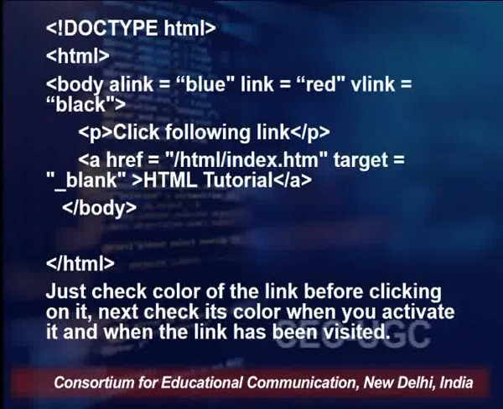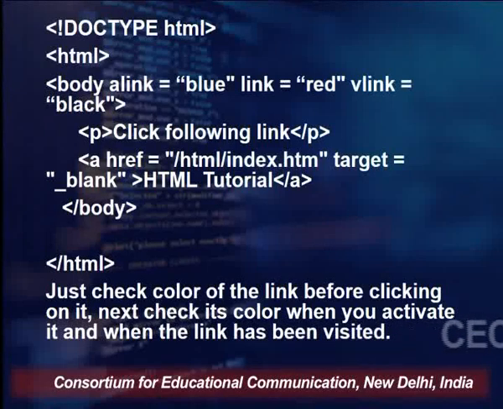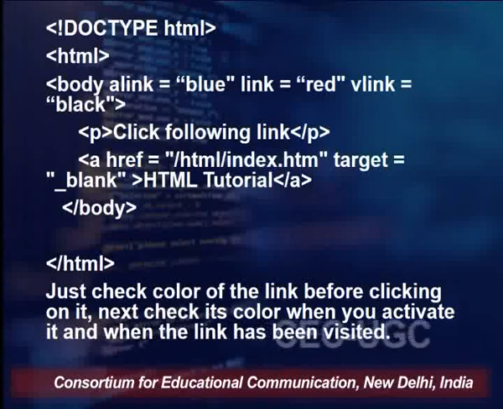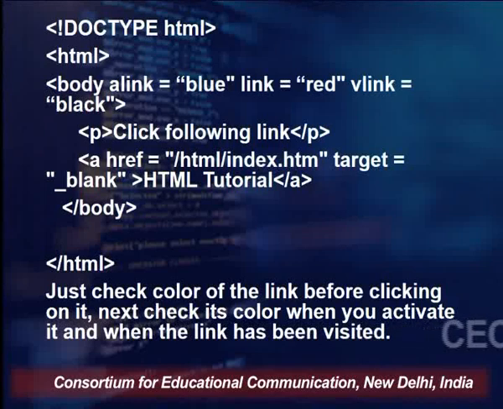All other links are displayed in a different color, which is specified by the link attribute. And vlink is the visited link. All these colors can be controlled by the alink and vlink attributes inside the body tag, as shown on the screen.